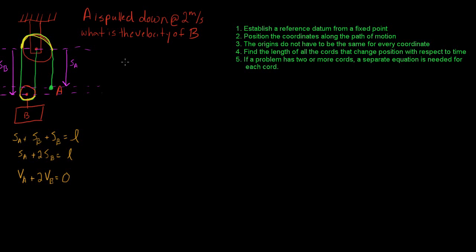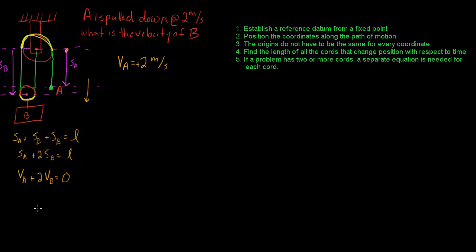We are given that the velocity of A, VA, is equal to 2 meters per second. We know that this is a positive 2 meters per second because A is pulled down, so A is moving in this direction, and our positive distance is also in this direction because of how we're referencing our problem, positive down.